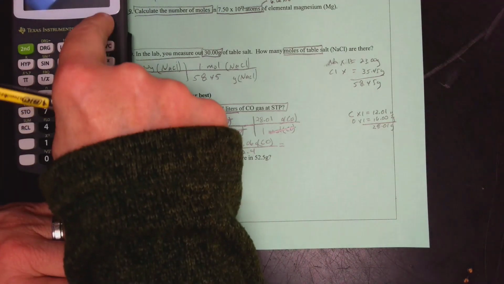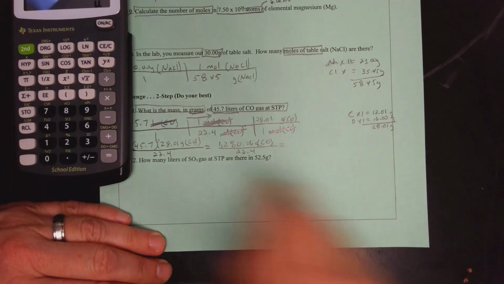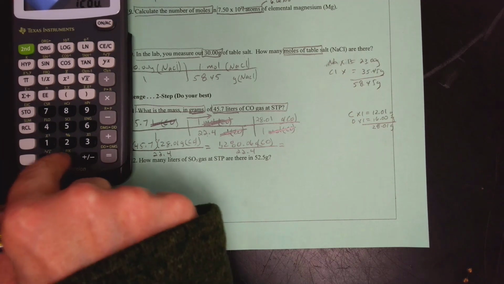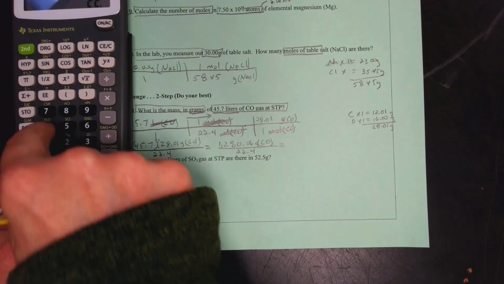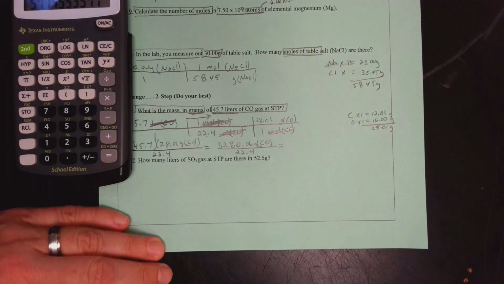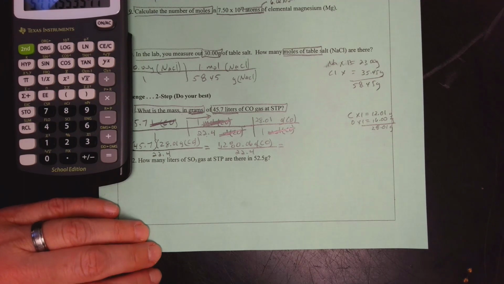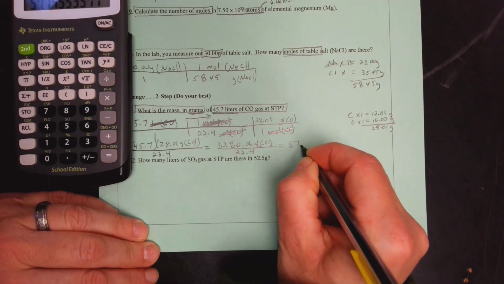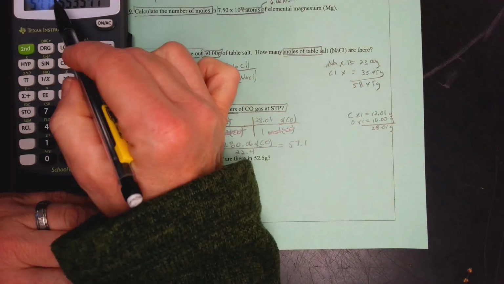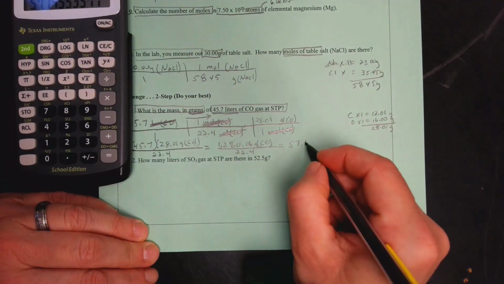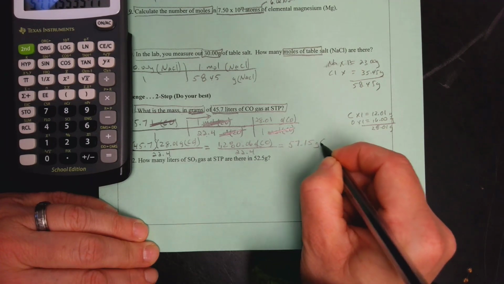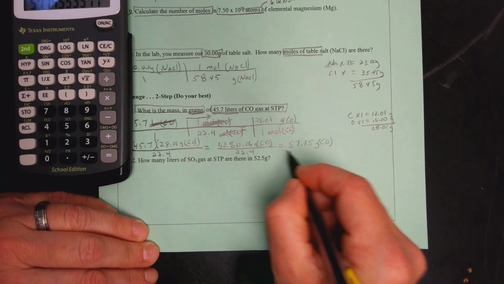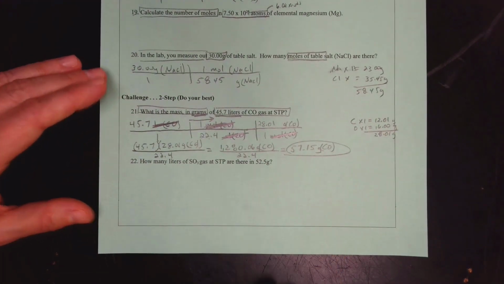So now I'm going to take 1280.06 and divide it by 22.4, and when I'm done, you can see my answer right there. It's going to be 57.1, and that 4 is going to round up to a 5, so 57.15. And again, the unit I have left is grams of CO. And that's going to be my final answer. So again, you guys, these 3-step problems kind of feel scary, but they're not.